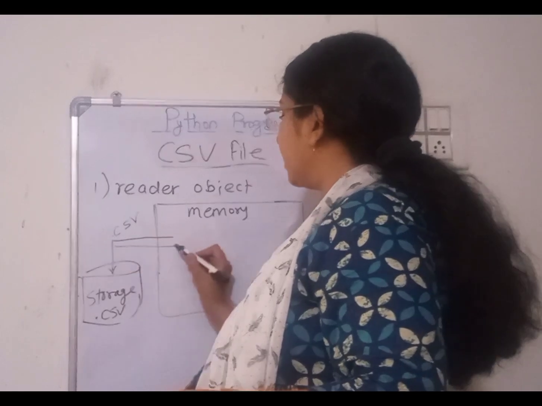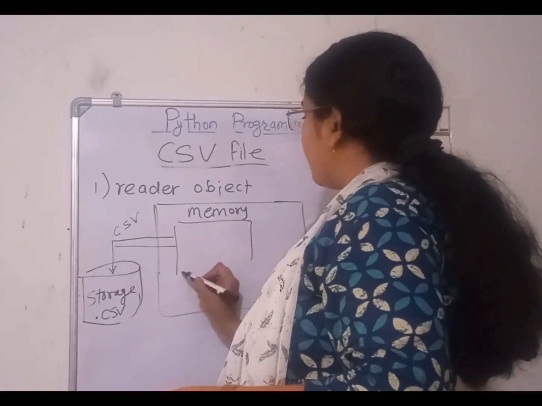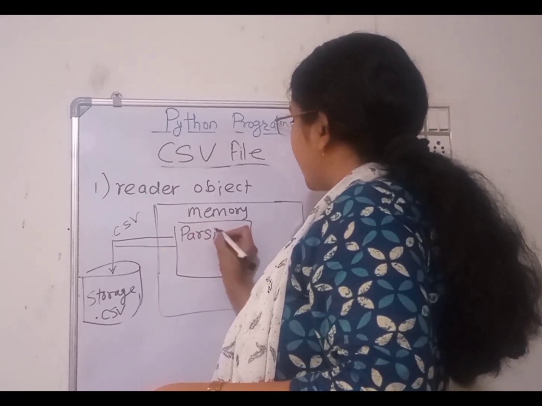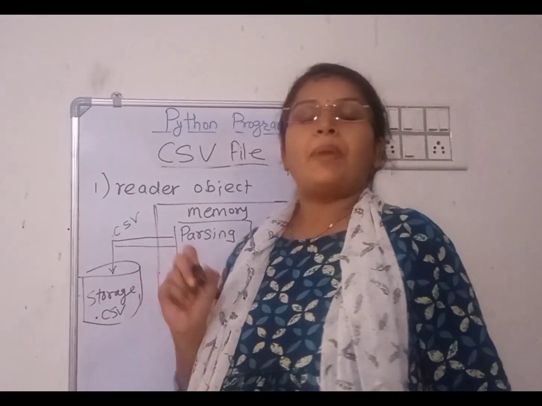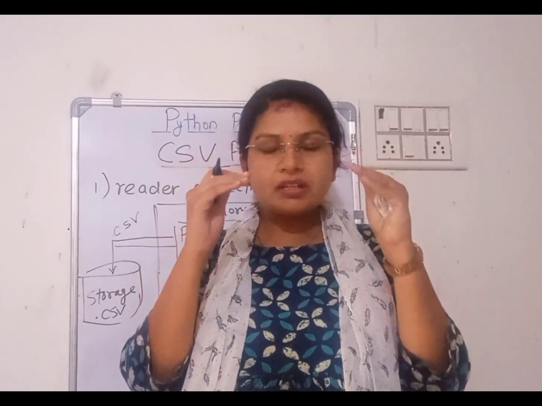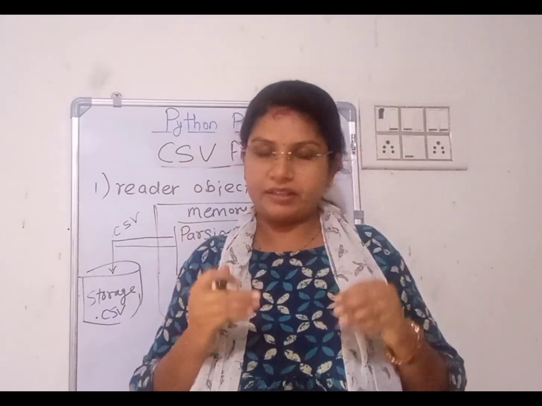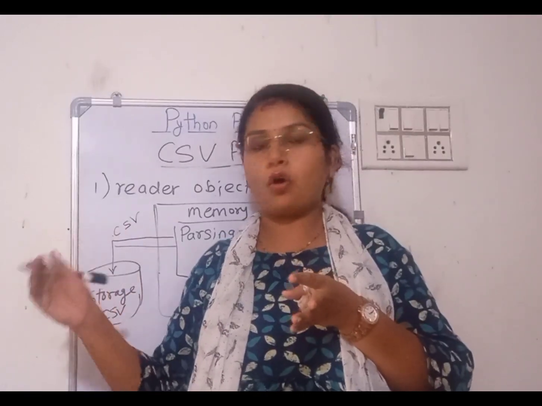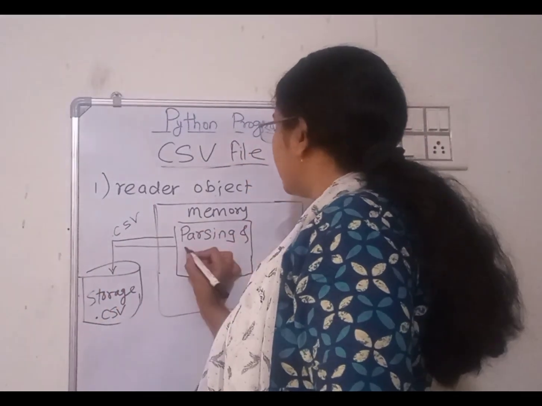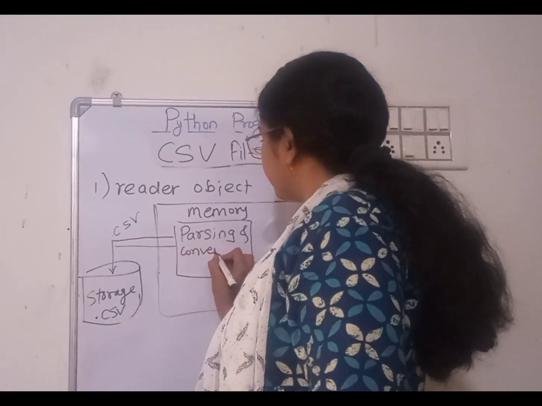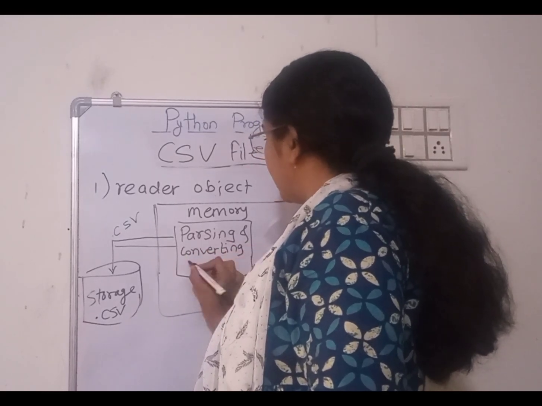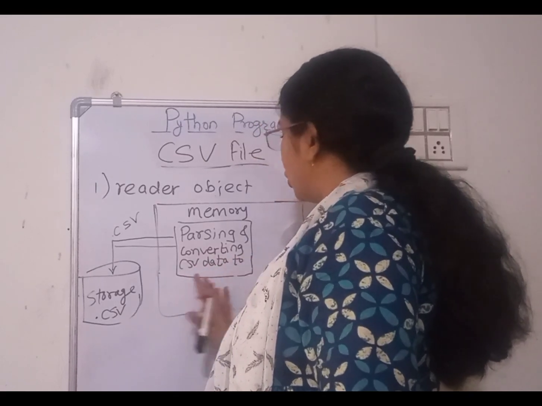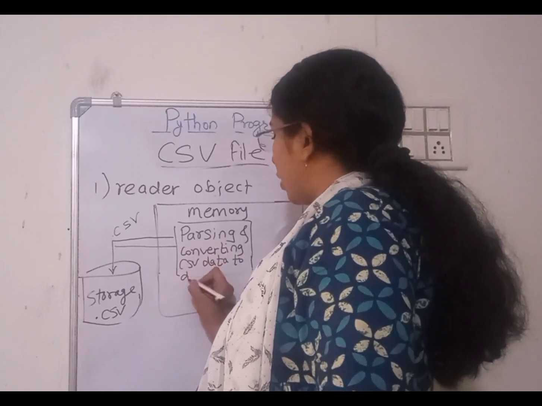Here, parsing will be done. What is parsing? Parsing means checking all the CSV values line by line, parsing them, and converting them to an iterable data object. So parsing and converting CSV data to your normal data object.